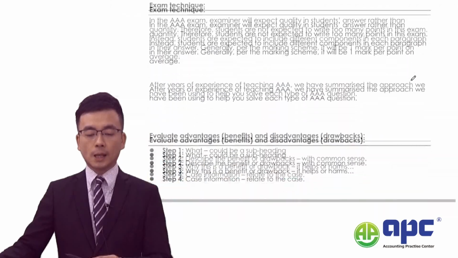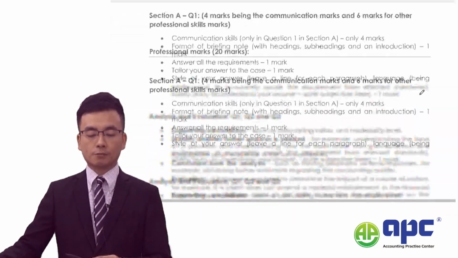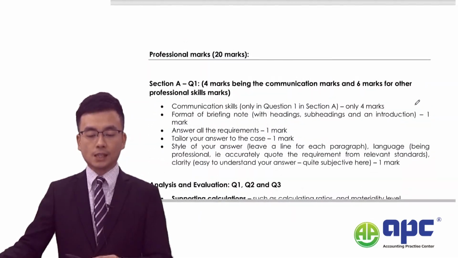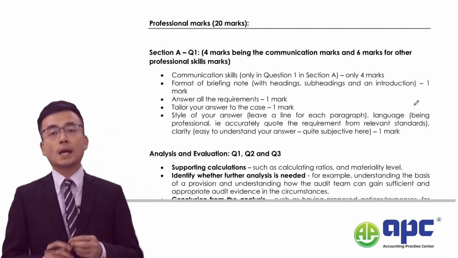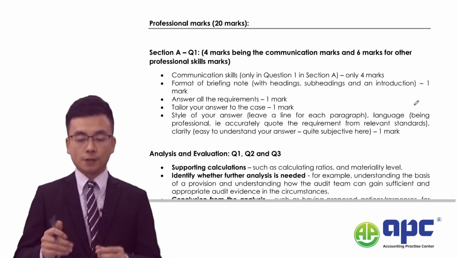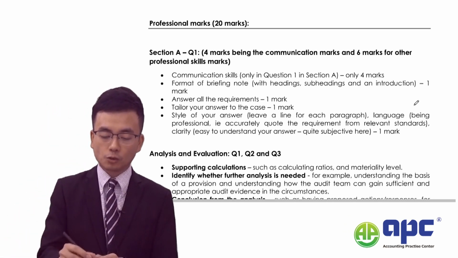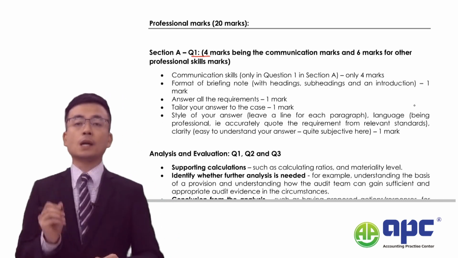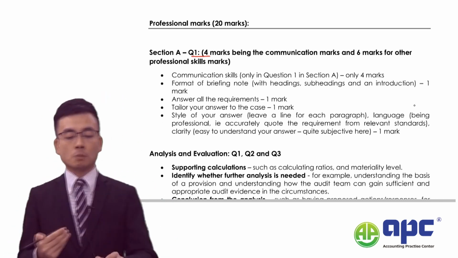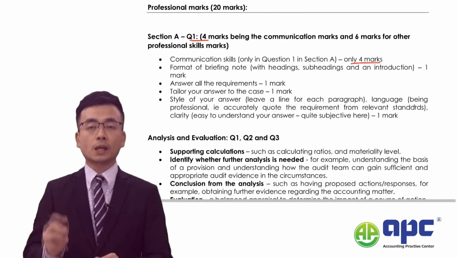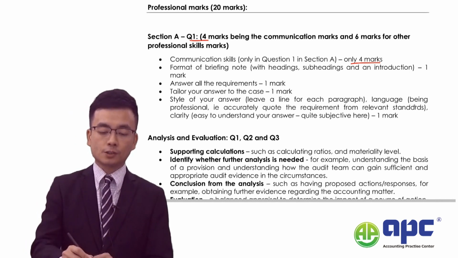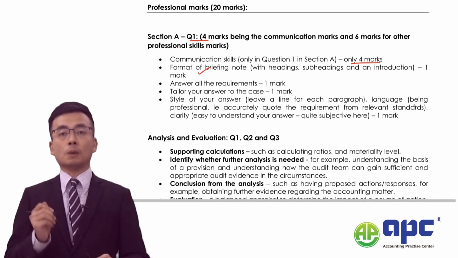Now, it's very important to focus on the professional marks. Of the 20 professional marks, first of all, the communication mark only appears in question 1, being 4 marks. Now, how can we get these 4 marks? First of all, you need to get the format right.